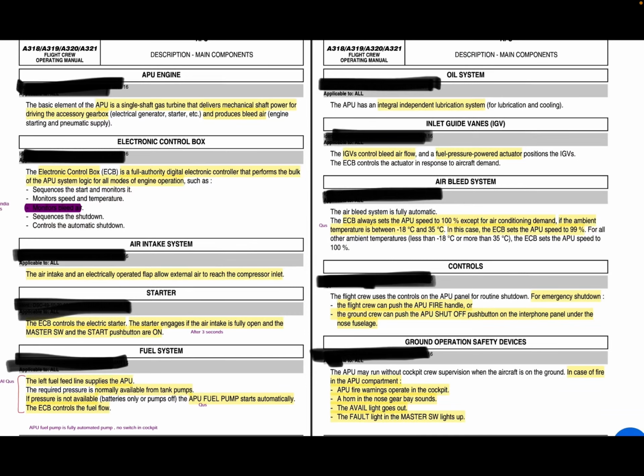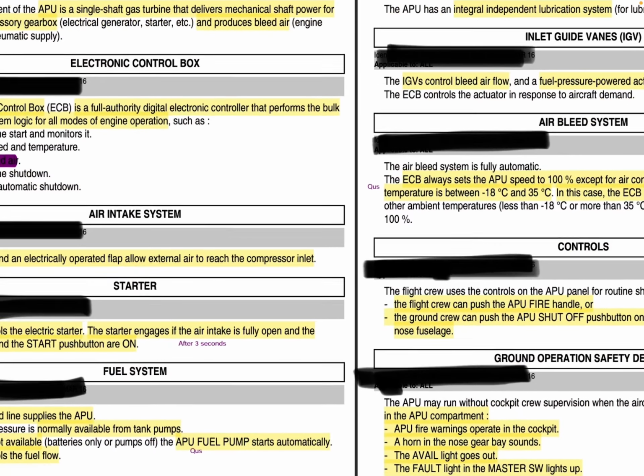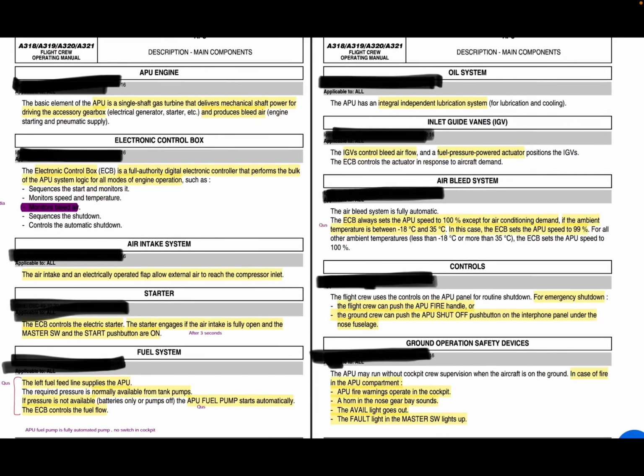If the pressure is not enough and the pressure is not available, then we have a separate APU fuel pump that automatically starts. The same is written here in the FCOM. And the fuel pump is totally automatic and ECB controls the fuel flow.